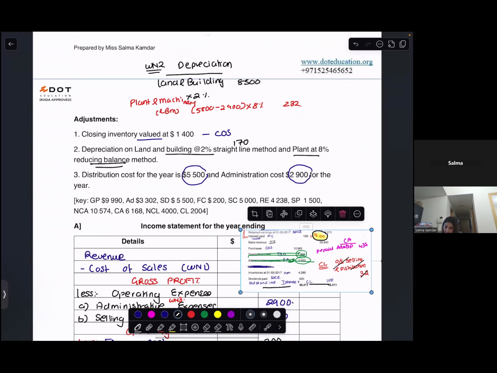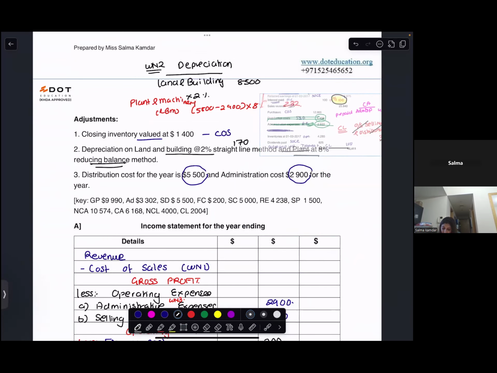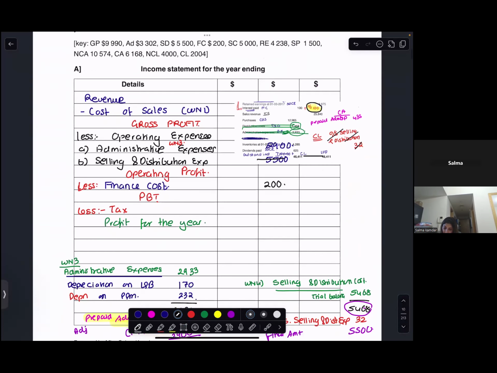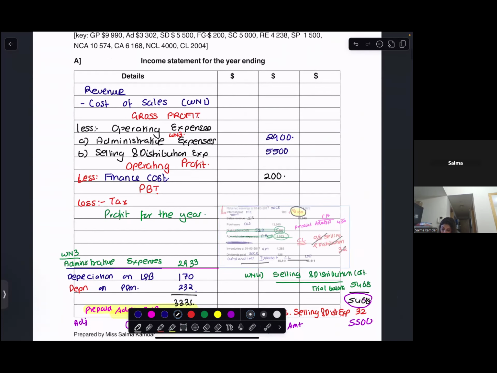Retained earnings is written. Interest paid was done.